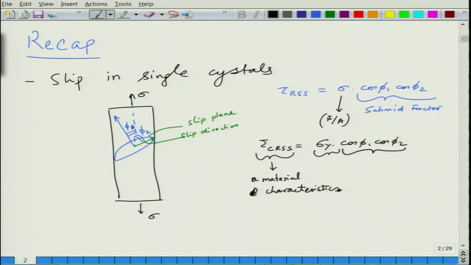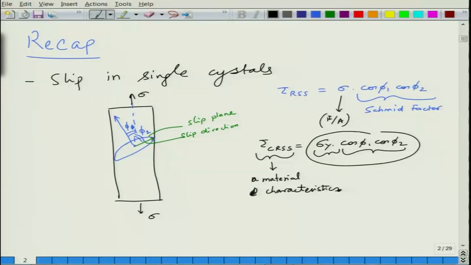So, the product of sigma y and the orientation dependent parameters, that are phi 1 and phi 2, these two determine a value called CRSS. So, the slip will start when tau RSS on a given plane exceeds tau CRSS.